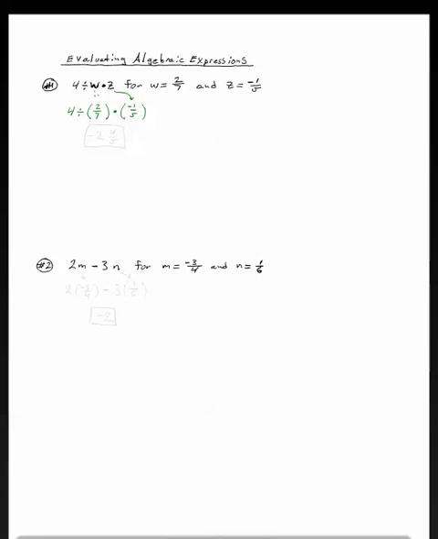At this point, we can just plug this entire expression into our calculator. So what we want to plug in is 4 divided by, parenthesis, 2, fraction button, 7.